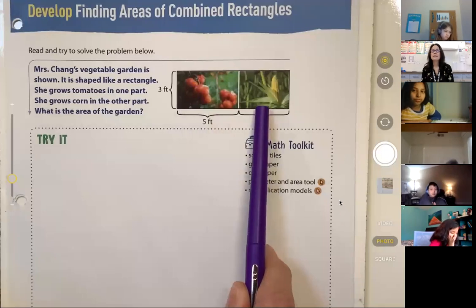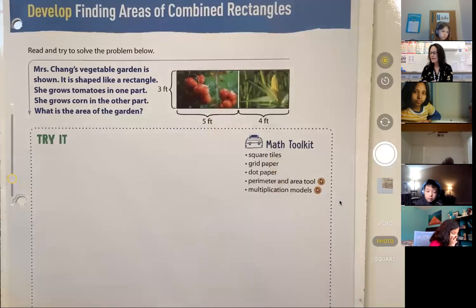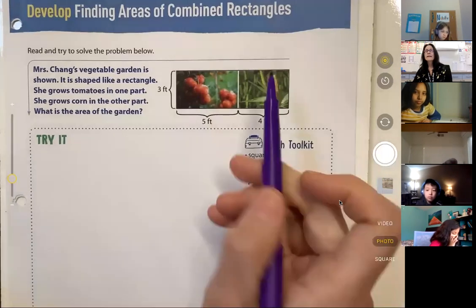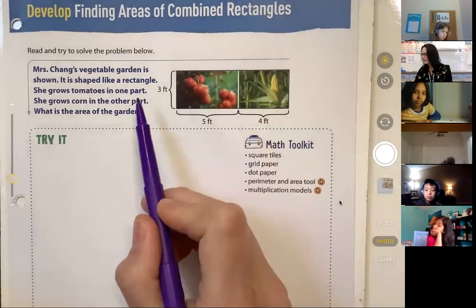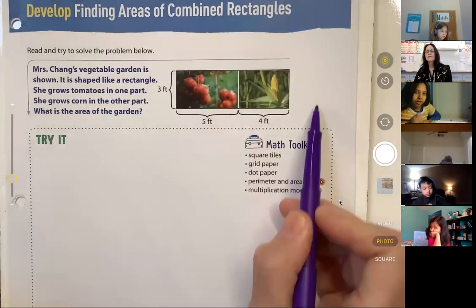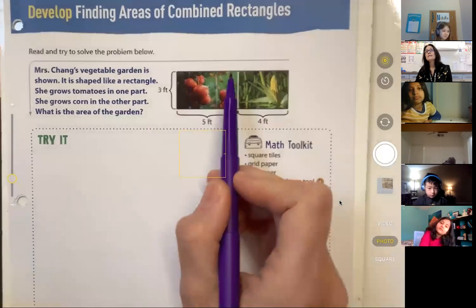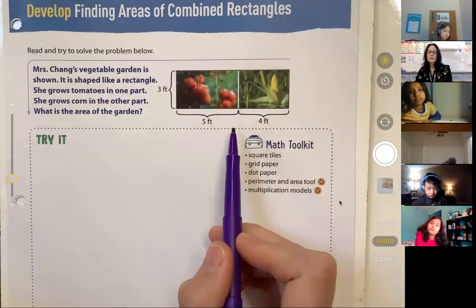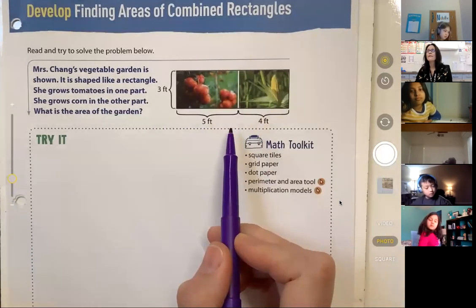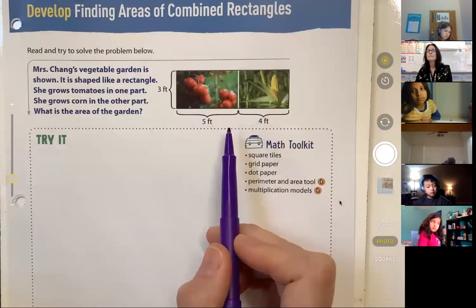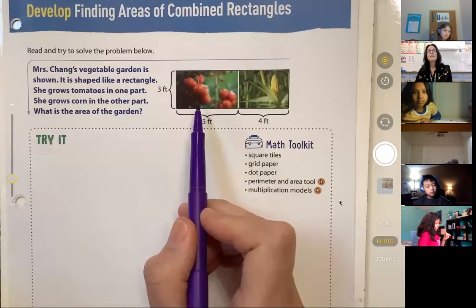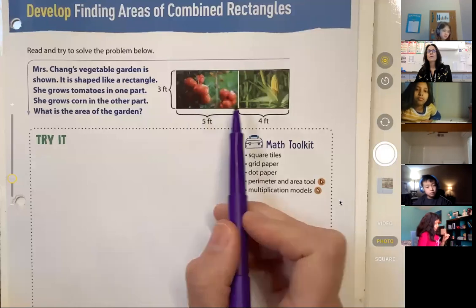So you can see Mrs. Chang's garden. This is her garden. Her garden is divided because she grows two different vegetables. That's real life, friends. That happens all the time. So we have tomatoes, we have corn.